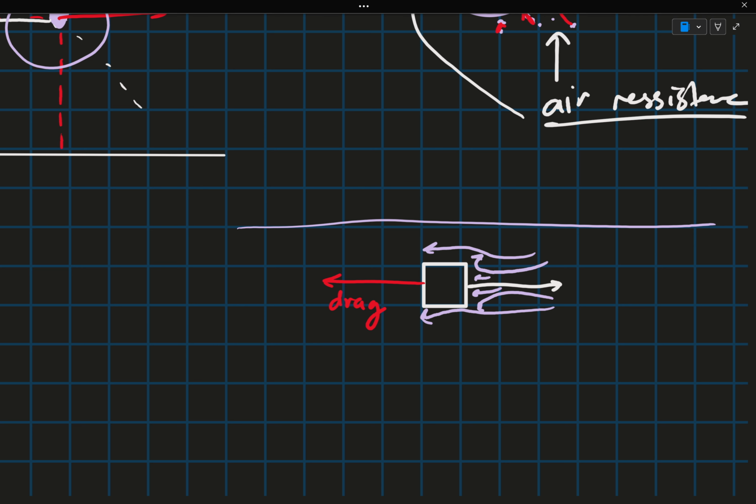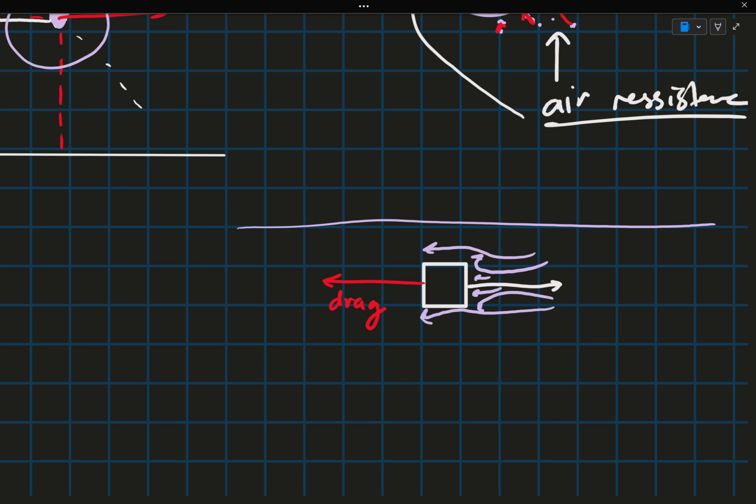Now let's say you were to move that hand in water. It's harder to move freely in water than it is to move freely in air, and that's because water is a more viscous fluid than air. Water has a higher viscosity than air.